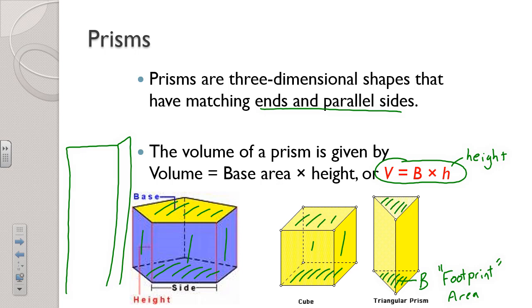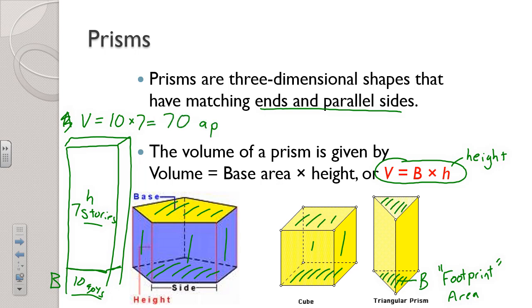If you have an apartment building, and you know that every level of the apartment building has 10 apartments in it, and you know that this apartment building has 7 stories, you can tell me how many apartments there are in the whole building. There's 10 on each floor times 7 stories, so we know the first level and we know how high it is. That would be our capital B, that would be our height. The volume of this building then is 1 floor, 10 apartments times 7 stories. You'd have 70 apartments. And that's the principle that this is based on.